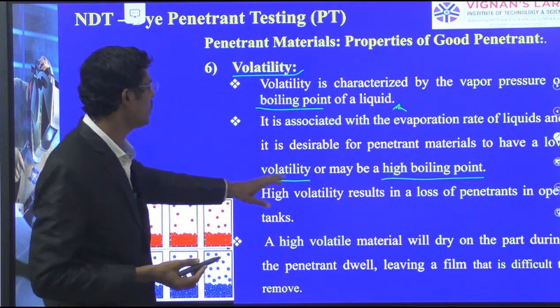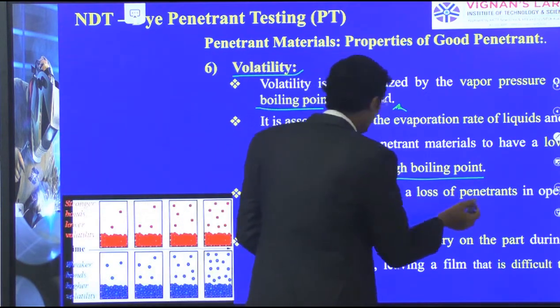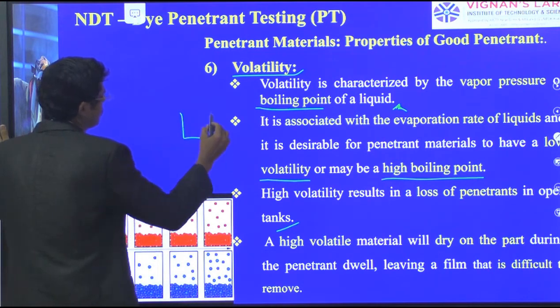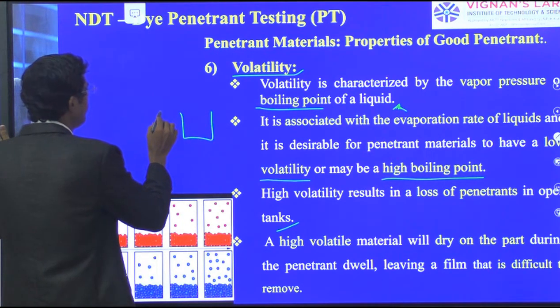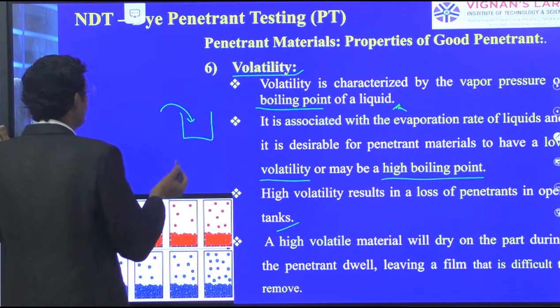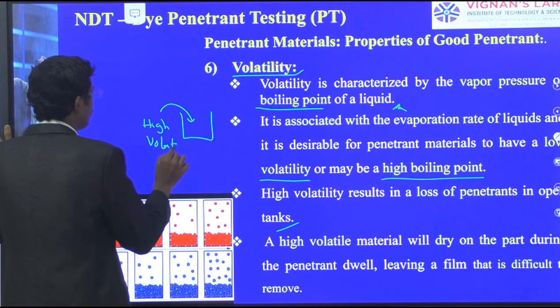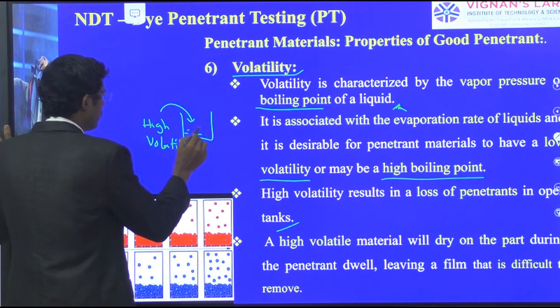See how high volatility results in loss of penetrant in open tanks. Let us assume I am using a tank and I have filled it with a penetrant that has the property of high volatility.